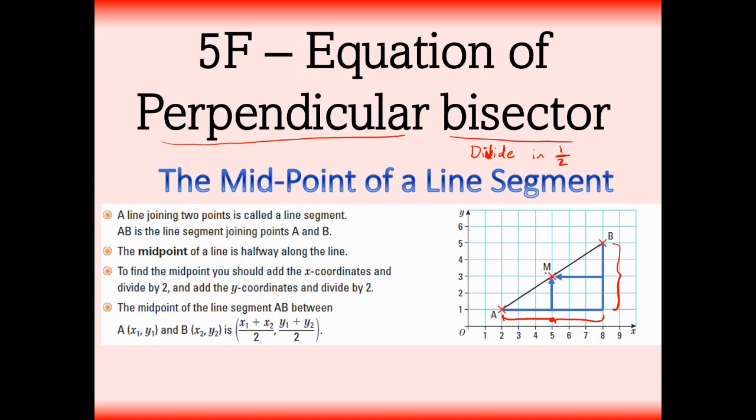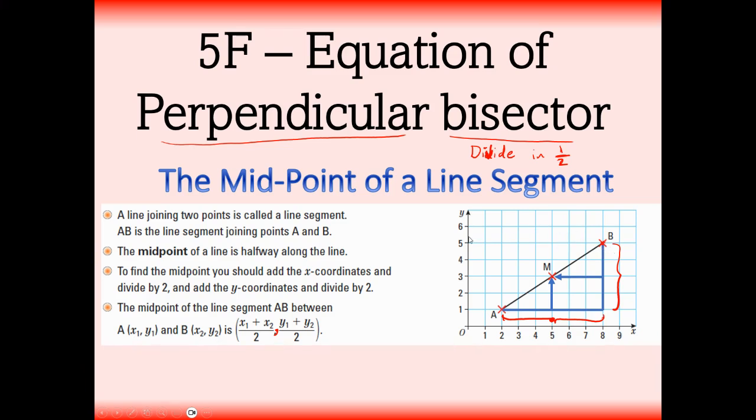So basically the midpoint is the average of x's and the average of y's. Now there are only 2 points here, so you add x values and divide by 2. That's why the equation is like so. Then you put the comma, and then you add y values and divide them by 2. So you're really taking the average of y values and average of x values. Because there are 2 points, you divide by 2.